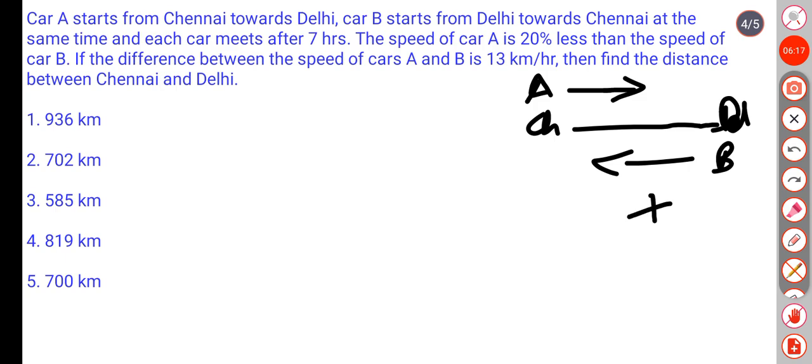So they meet after 7 hours. The speed of car A is 20% less than the speed of car B.